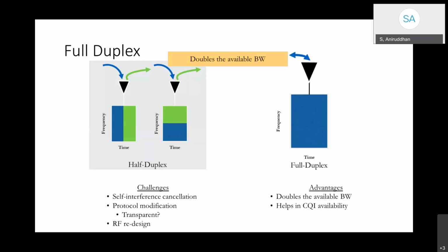Now 5G, in the second and third versions, in future versions, is going to have the option of doing what is called full duplex communication. In other words, both the receiver and the transmitter use the exact same frequency band, as well as operate at the same time.